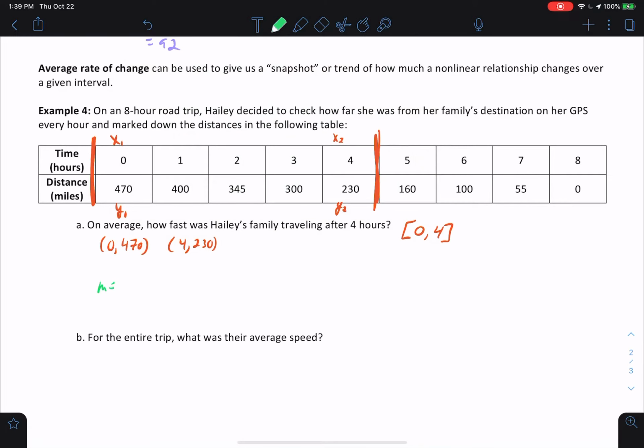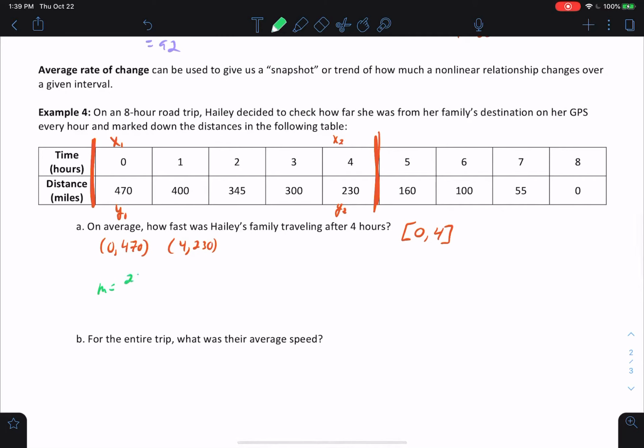So my slope, or my rate of change, I'm going to subtract the y's over the x's. All right, and then if I subtract that, that's going to be negative 240 over 4, which is negative 60. So negative 60 miles per hour.